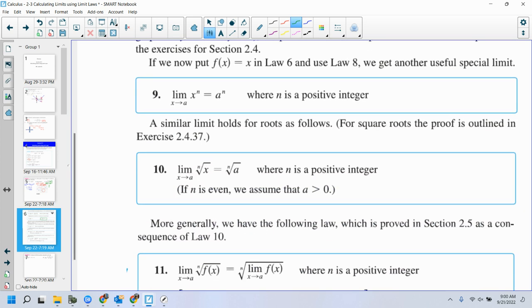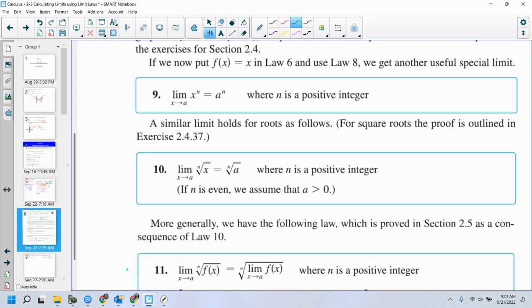But now we can expand this. If the limit as x goes to a of x is a, like the limit as x goes to 3 of x is 3, well then if I combine the power law and that rule above, we can get this. The limit as x goes to a of x to the nth is a to the nth.